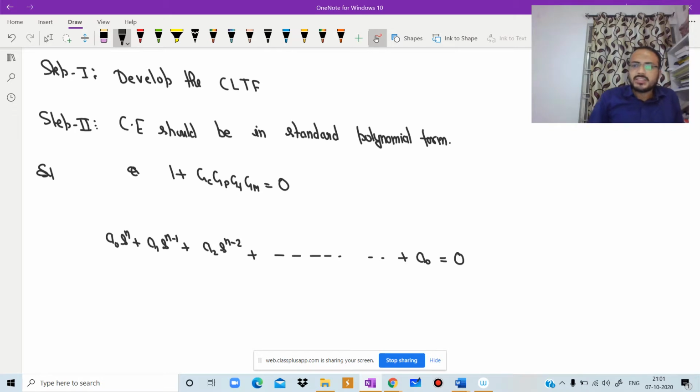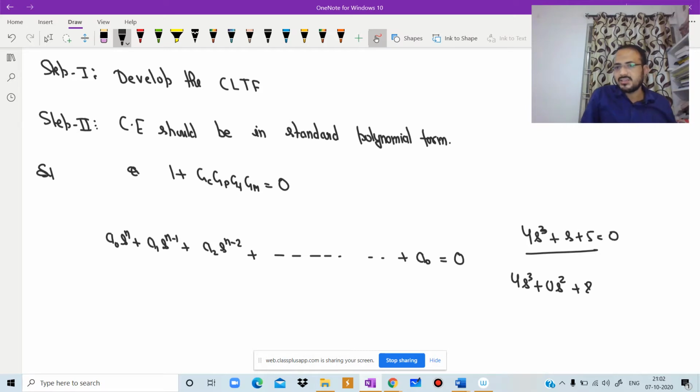Is it clear? Sometimes you will get an equation like 4s cube plus s plus 5 is equal to 0. So your first step is to make it standard: you can write 4s cube plus 0s square plus s plus 5, so that you can identify a0, a1, a2. That is important.